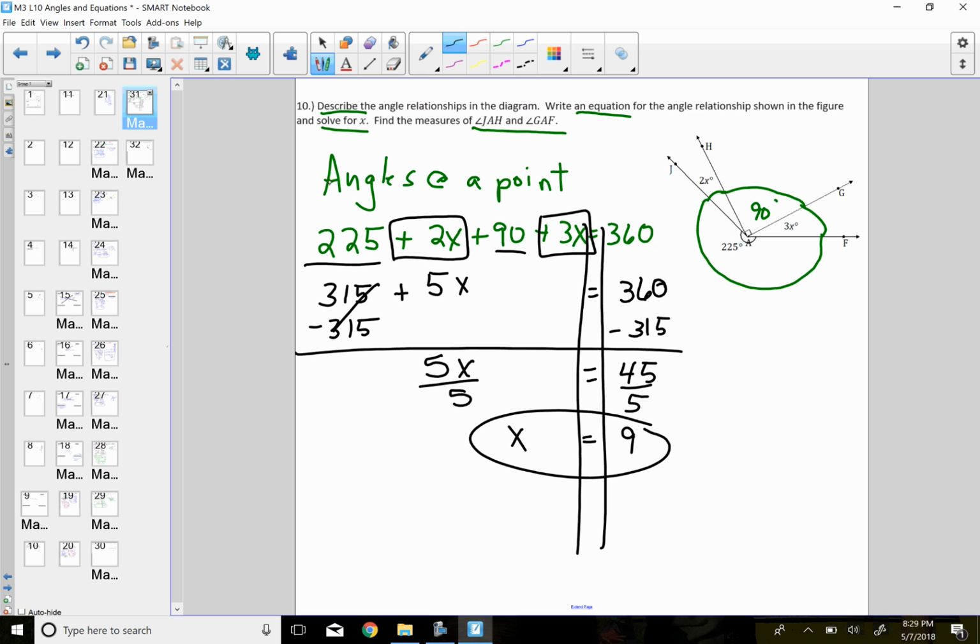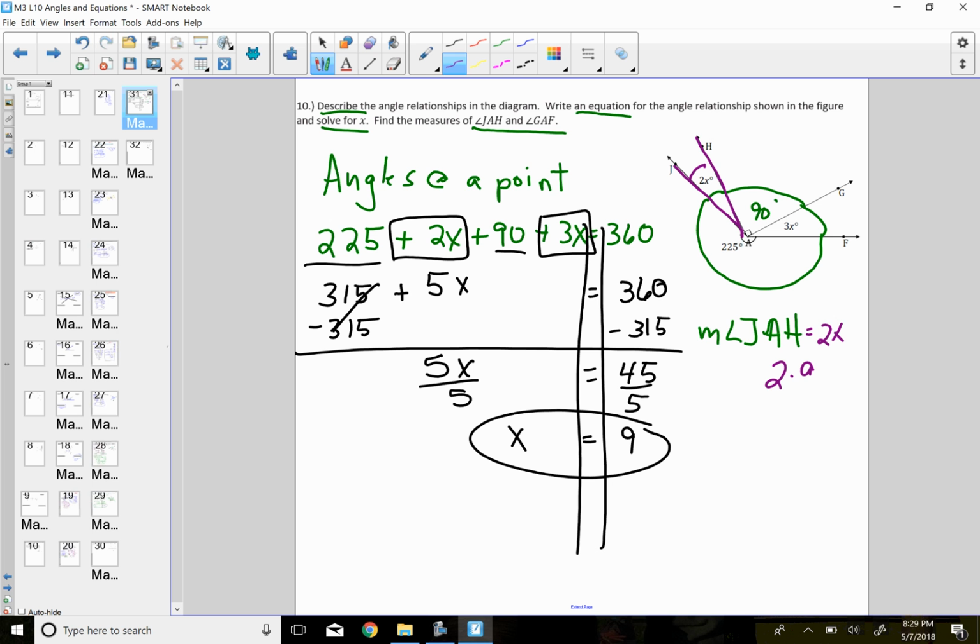So I've described the angle relationship, I wrote the equation, and I solved the equation for x. Now I want to plug it in for these 2 angles. The first thing they're asking me is to find the measure of angle JAH. Let me switch colors here. JAH is the 2x.